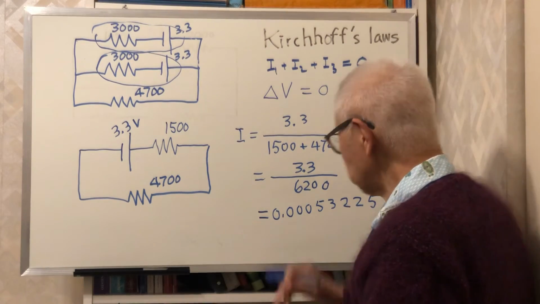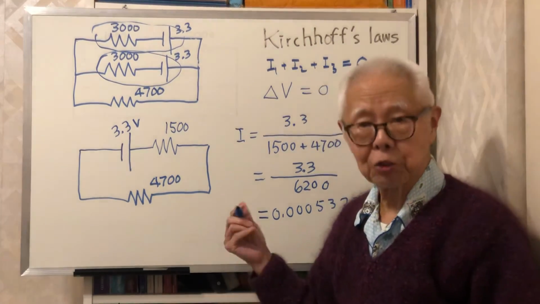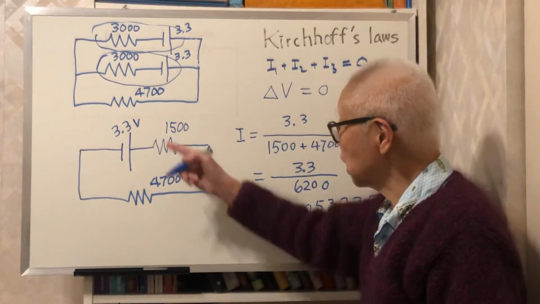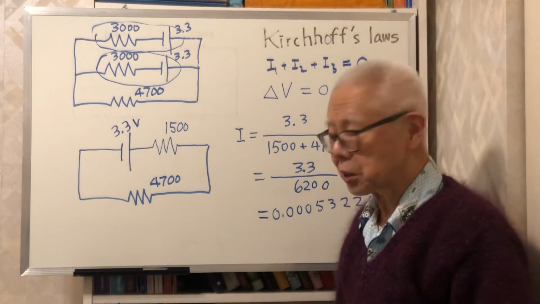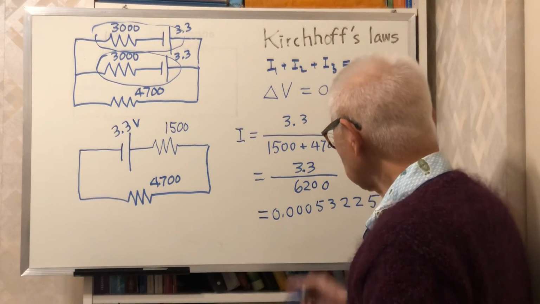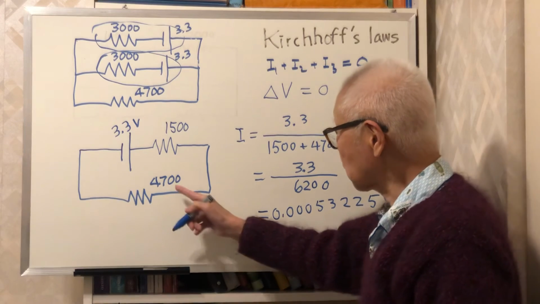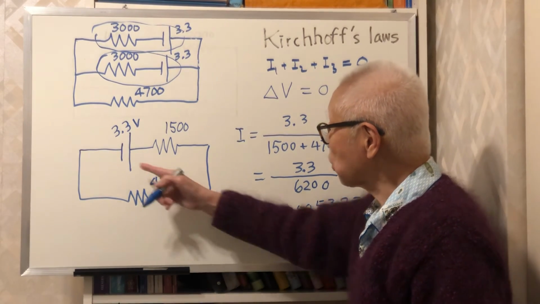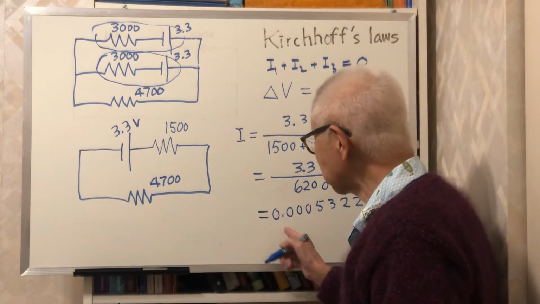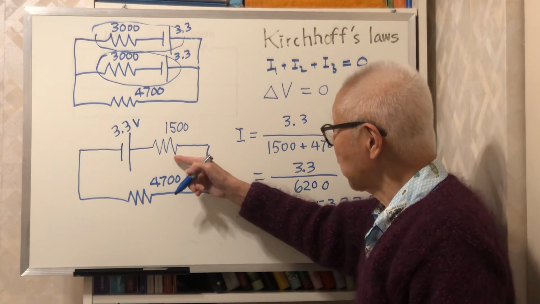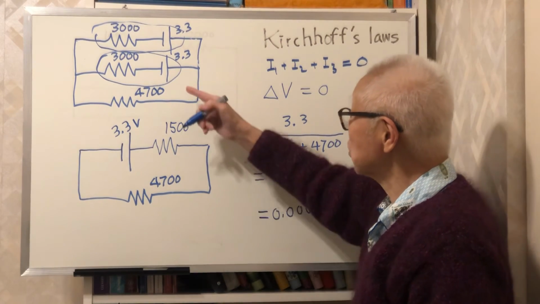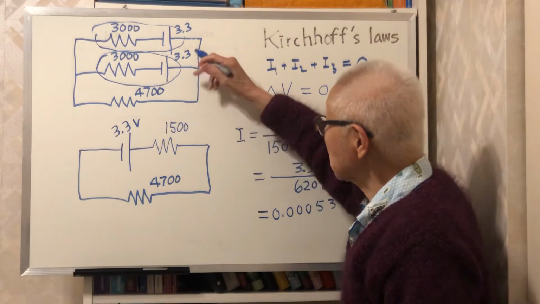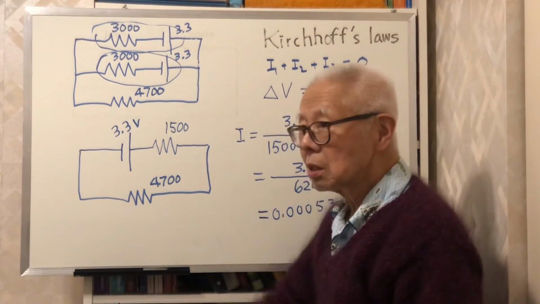So this is in amperes, because you have ohms here and volts here, so the unit is amperes. So this value is the current here. Of course, the current here is also this. But this is not my initial circuit. My initial circuit is here. So what is the current here and here?